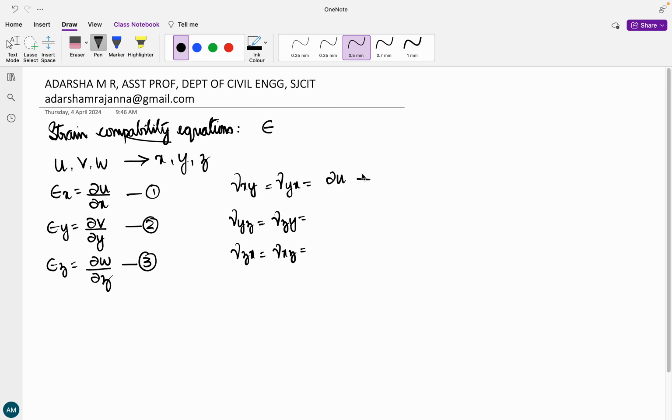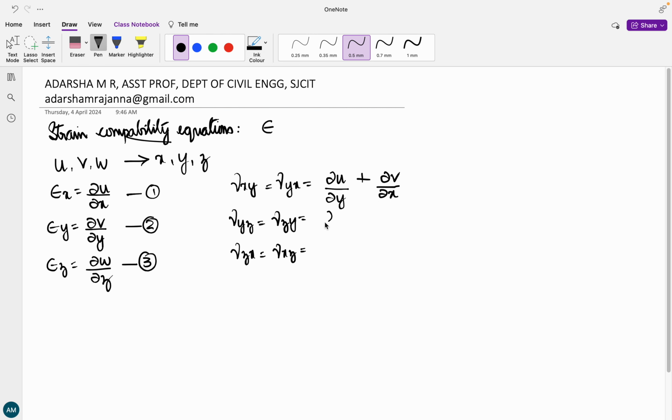So dou u plus dou v, and you have to write the denominator. There is a small change. We will not be writing dou u by dou x, rather dou u by dou y and dou v by dou x. We are just going to write the other component's denominator. It is x and y, so for x it is dou u by dou y, and for y it is dou v by dou x.